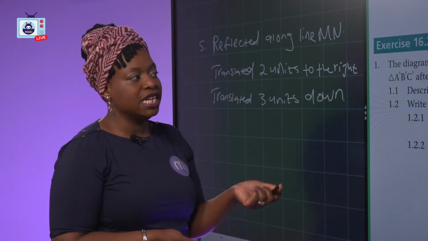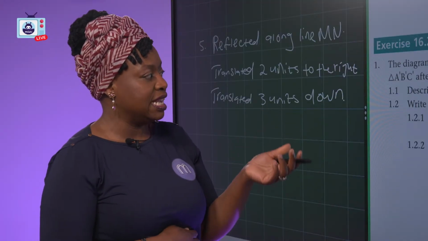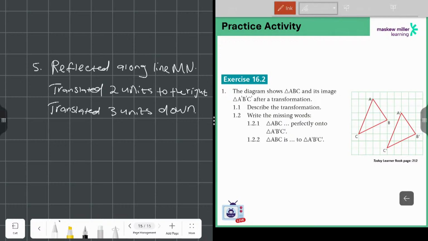If you look at these diagrams as well, they say the diagram shows A, B, C and its image. You can see that after the transformation has happened, you must describe the transformation and fill in the missing words. In other words, they are telling you that you just have to describe what is happening here. So what you need to do, similar to what I have been showing you, is that every time you see this, before you even try to answer the question, try to move yourself and say, I have moved this many across and I have moved down this many.